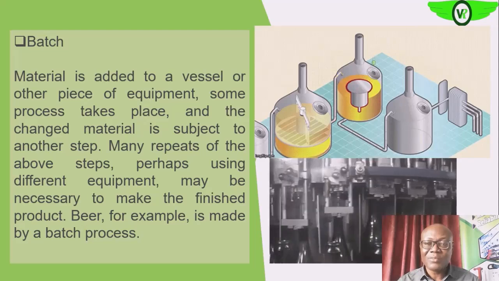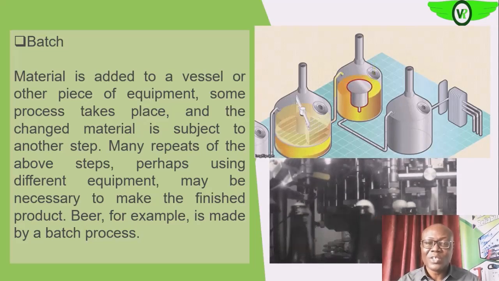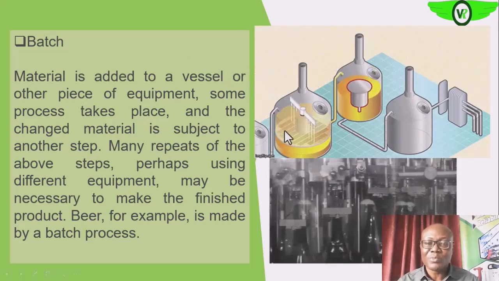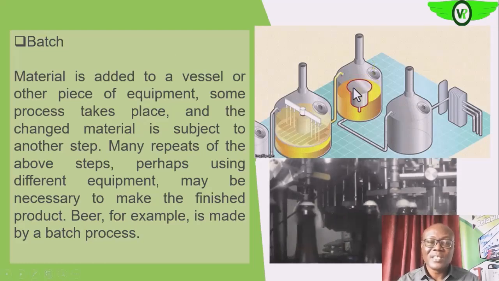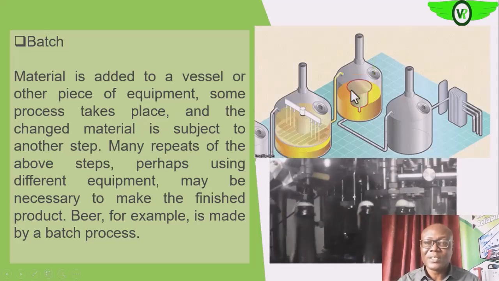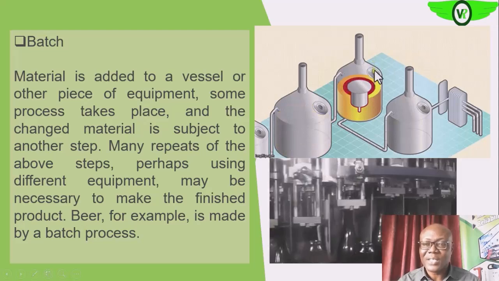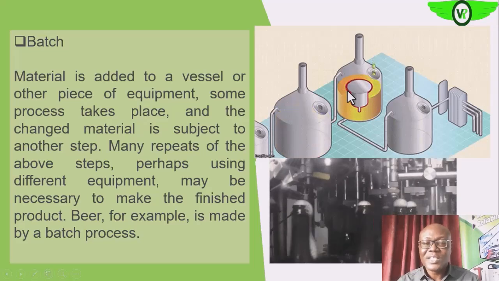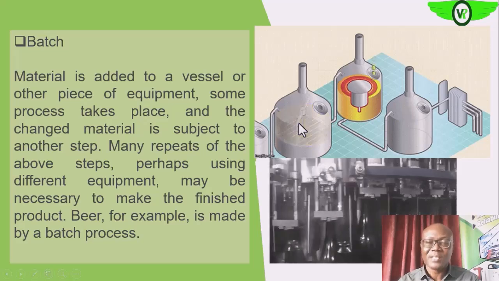Then after it has been subjected to that condition, a product will be formed from this process, okay. Then it can now be sent into another process, and as it is sent into another process, other raw materials are added as you can see, and then the mixture could be subjected to a different condition from the condition it was subjected to here.